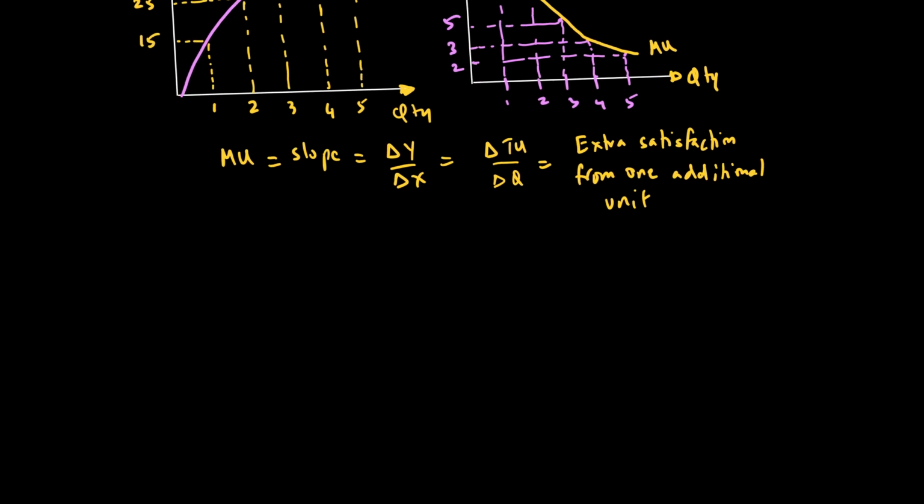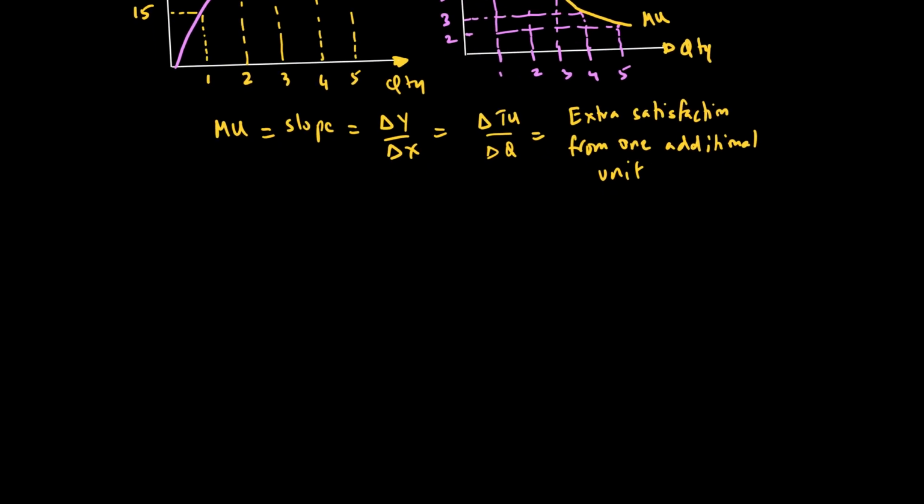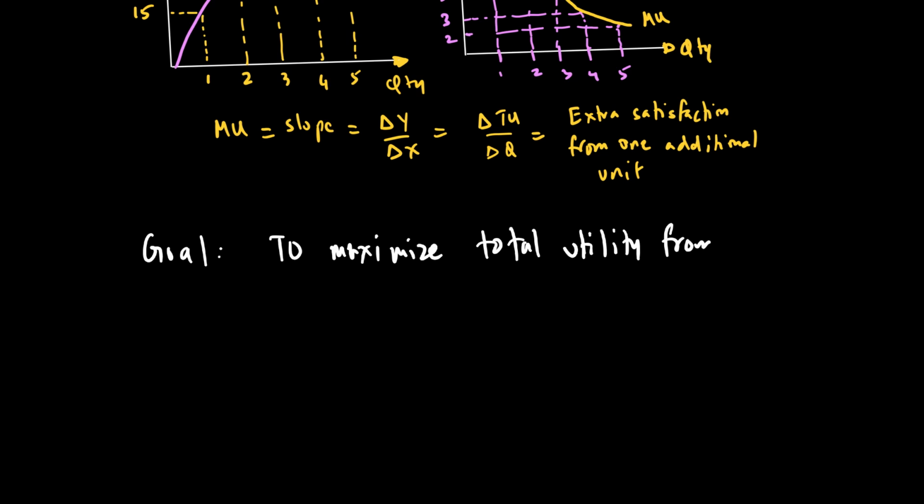The reason is that a consumer has a particular goal, and that goal is to maximize total utility or total satisfaction from a given level of income. If I have a given budget, my goal will be to maximize my total satisfaction from that.